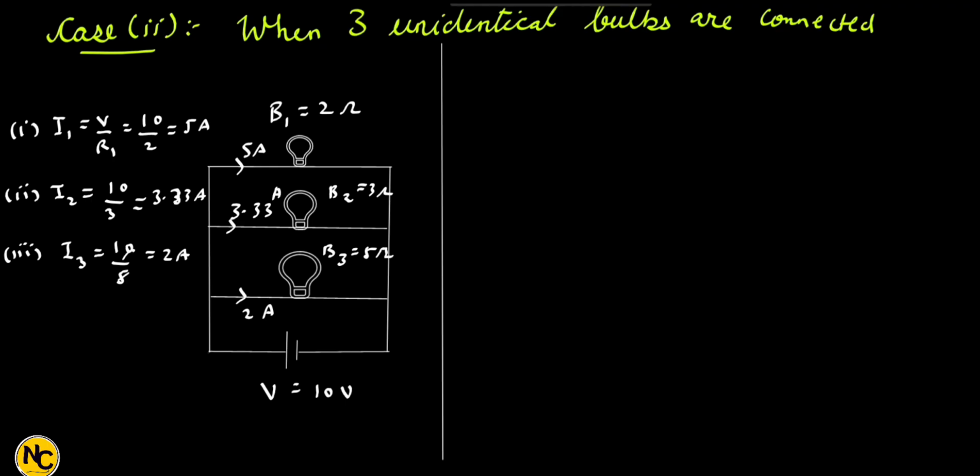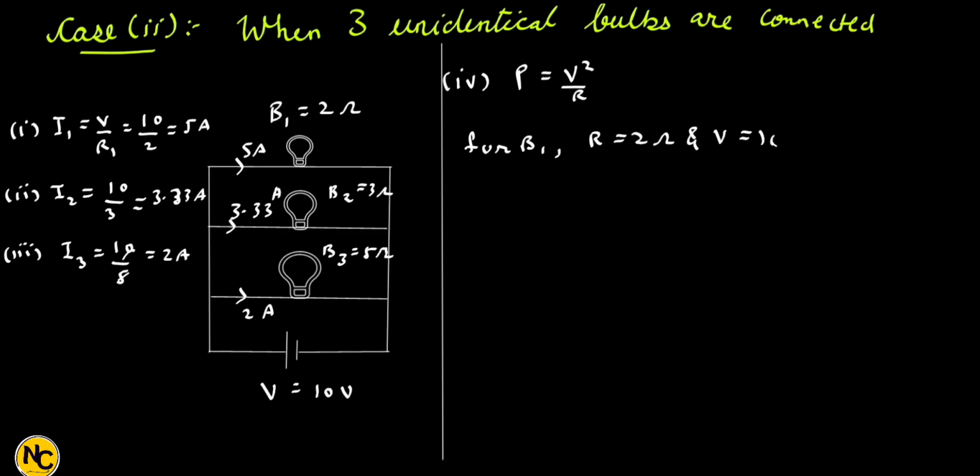Now let's see about power. Similarly, we know that power is equal to V square upon R in parallel combination. So for bulb B1, resistance is equal to 2 ohm and voltage is equal to 10 volt. So power 1 is equal to V square upon R, 10 square upon 2.